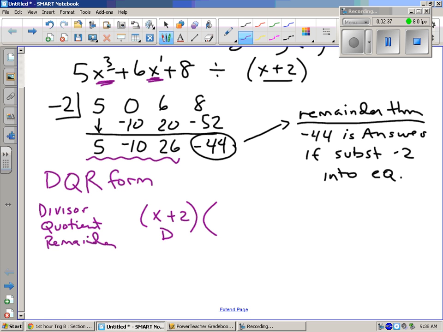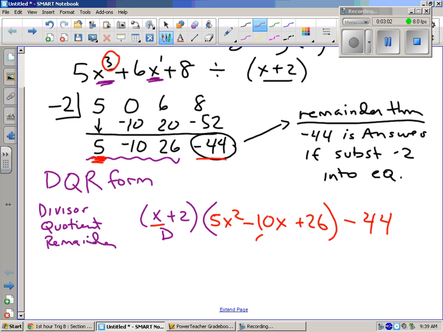Now it's just not those numbers, you got to put the x's in there too. So I started out with x cubed, so when I divide it out to this x, it brings it back down to x squared. So this term right here, the 5, is x squared, then we just keep going. -10x to the 1 plus 26 with no x, and then the remainder we just write at the end.